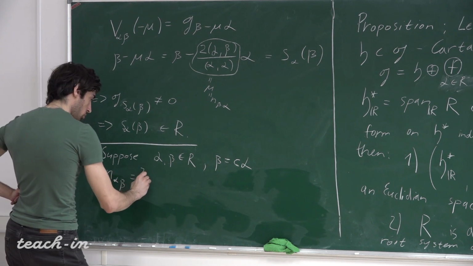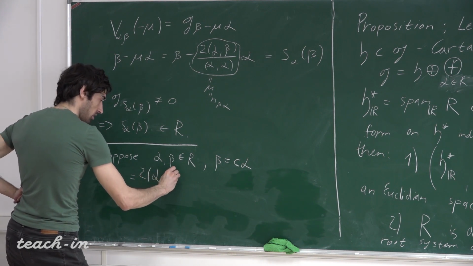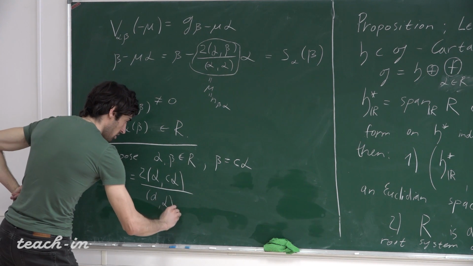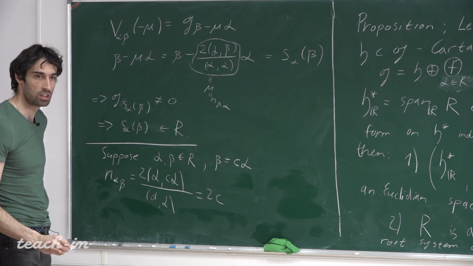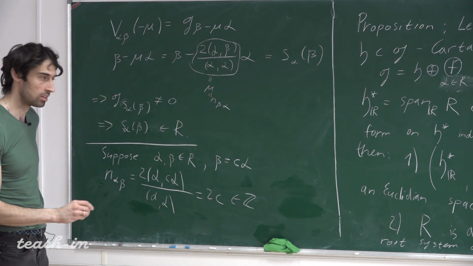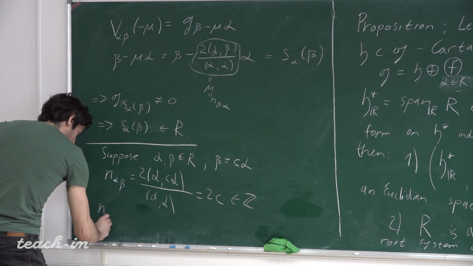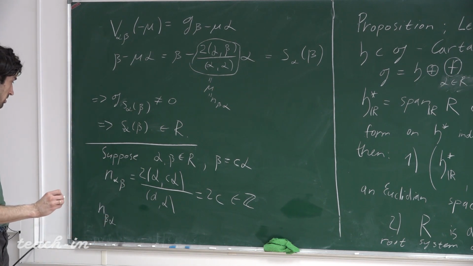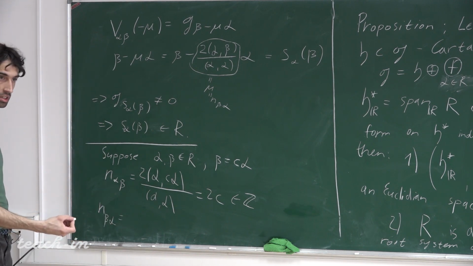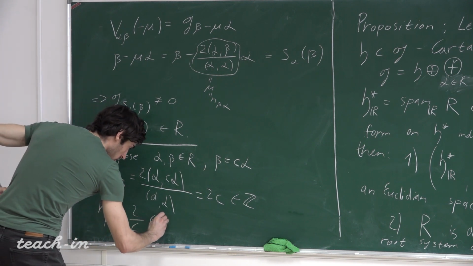Again, this is 2 alpha beta over alpha alpha, but I can write alpha, C alpha, over alpha alpha. So it is 2C actually, and this should be an integer. Also, I can take n beta alpha, and this will be 2 over C, actually. And this should also be an integer.